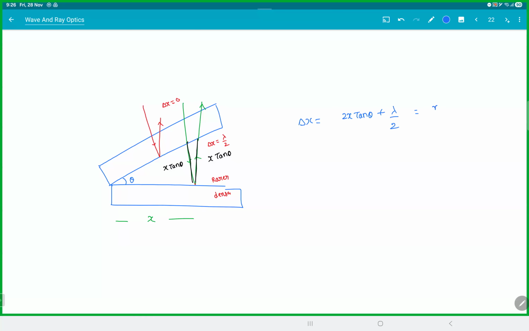Since you want to see maximas, this must be n lambda. Then we get, for small angles, tan theta becomes theta. This will be n minus half into lambda by 2 theta. That is the distance x, right? So if you want the fringe width, that will be the distance between two fringes. So take n1 and n2. So that will be lambda by 4 theta. Clear with this?